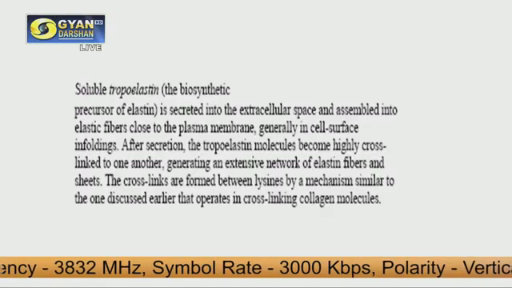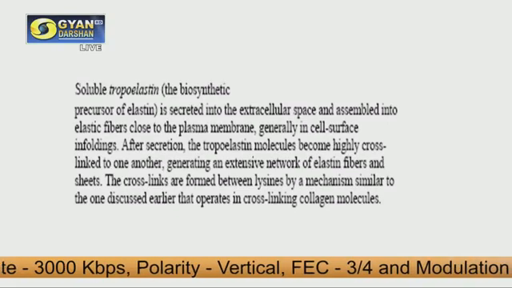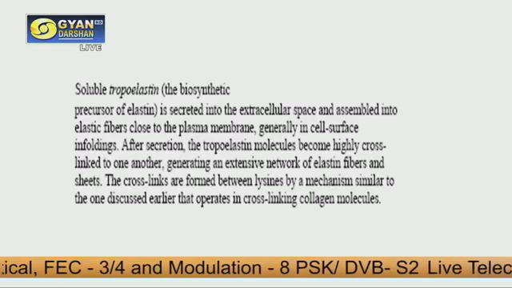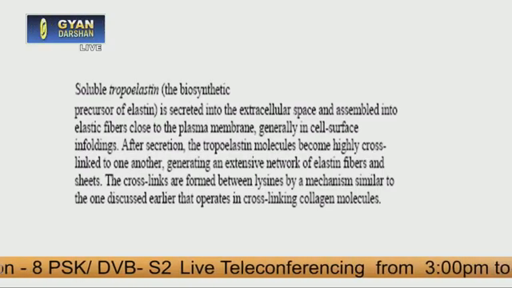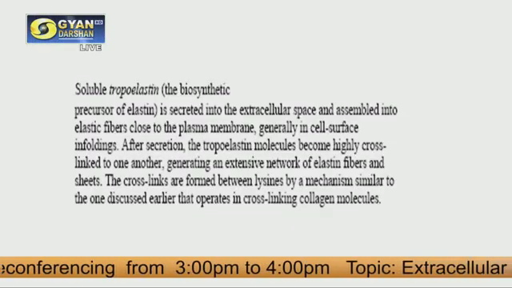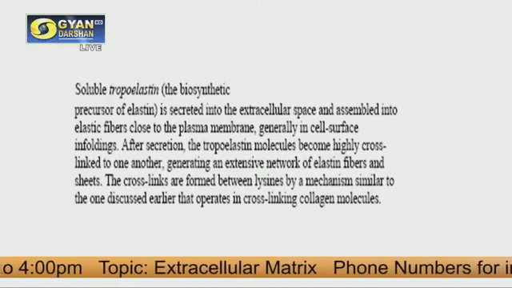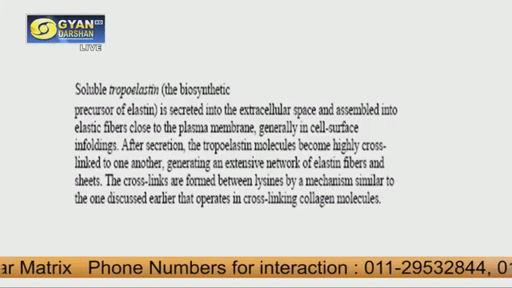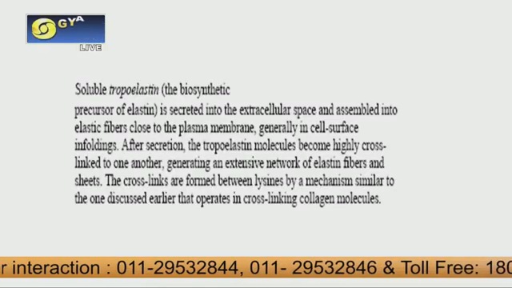After secretion, the tropoelastin molecules become highly cross-linked, generating an extensive network of elastin fibers and sheets. So here we are discussing how the elastin molecules are synthesized. Initially it is tropoelastin, which is secreted in the extracellular space, and then after secretion they become extensively cross-linked and form an extensive network of elastin fibers.